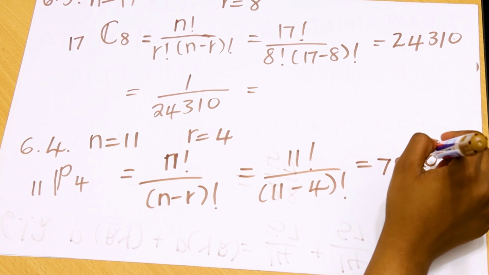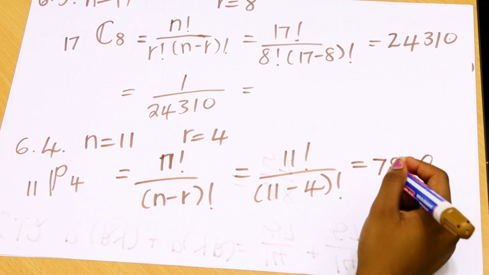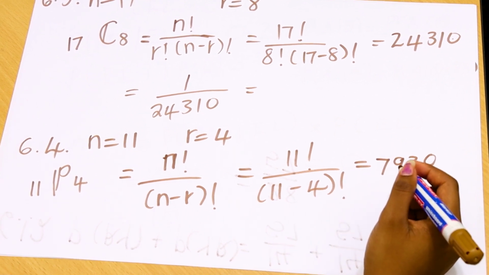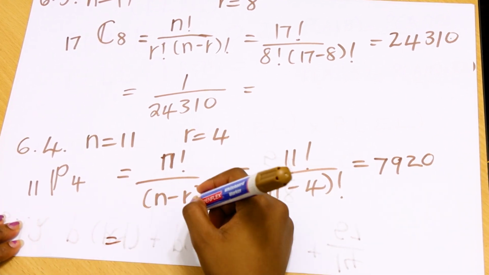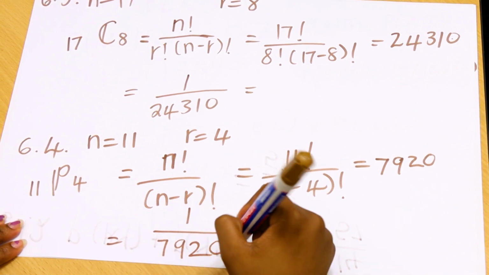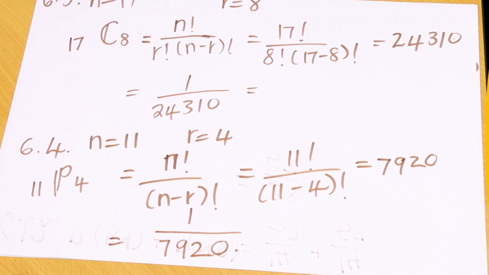That gives 7,920. So there are 7,920 different orders of arrangement. And what is the probability of you finding one? Since they're all unique, it's going to be 1 over 7,920, which you had to leave like that.